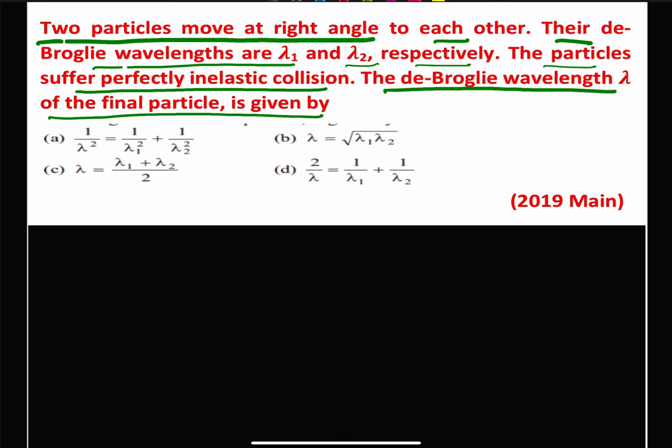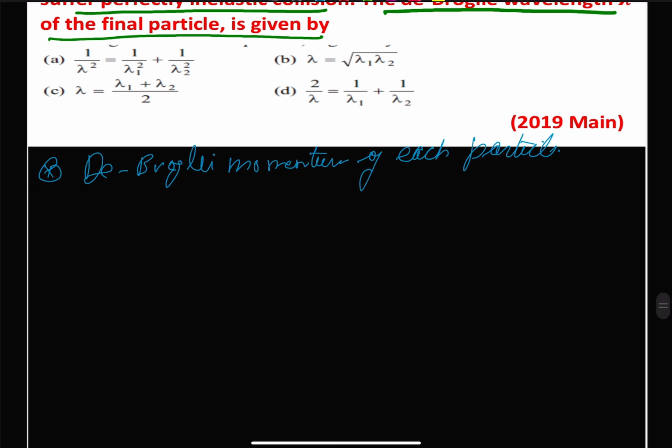So I can say that de-Broglie wavelengths of each particle are lambda 1 and lambda 2.